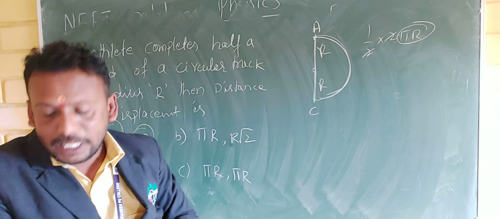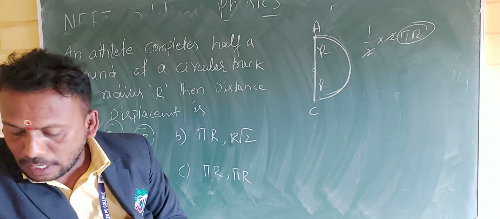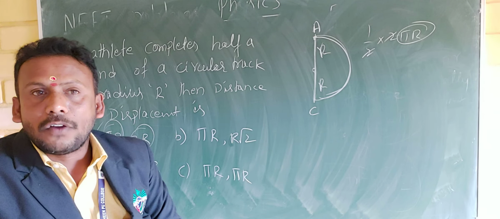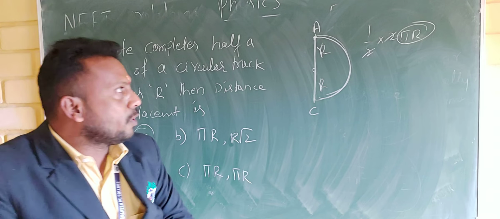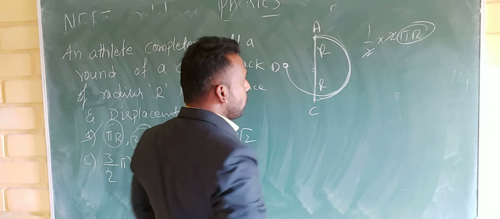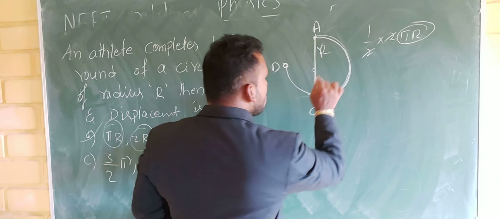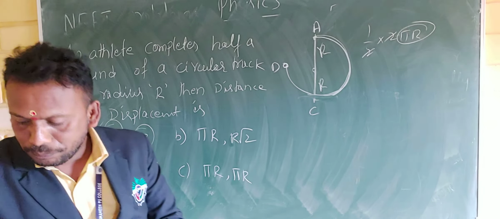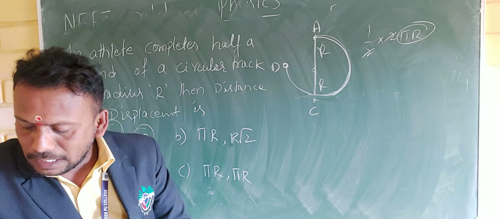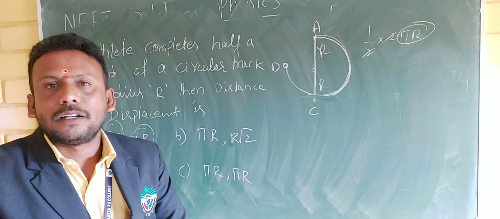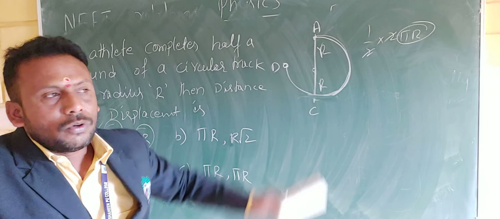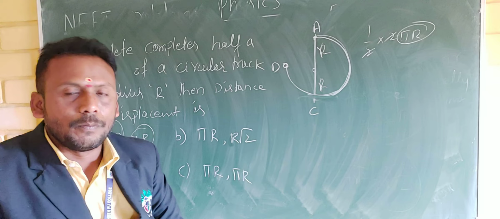After traveling 3 by 4th portion of the circle, that is at point D, the particle stops. Calculate distance and displacement. The R value is given and we know the formulas. Substitute and simplify.